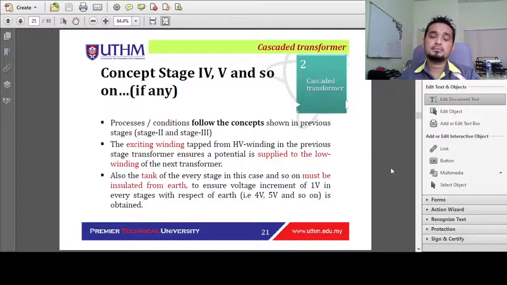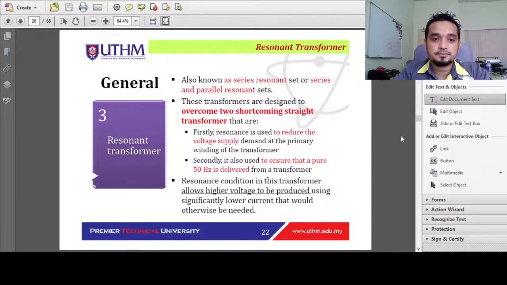We don't want one big transformer to produce 500 kV, because we don't want to spend much money on the insulation, the space, the testing laboratory size, and the clearance. If we need 500 kV, we will just combine 1, 2, 3, 4, 5 of the single stage transformers. That is the idea of how to generate voltage by using the cascaded transformer.